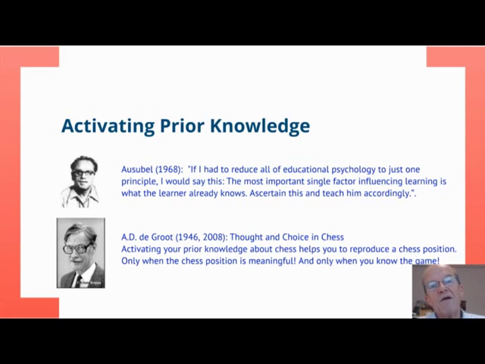Okay, now the next step Adriaan de Groot undertook was taking, let's say, a pattern of pieces from an existing match, which was described in the literature. So he put the pieces on their places similar to what had been described in this book about the particular match.